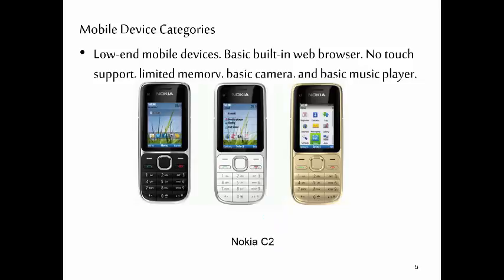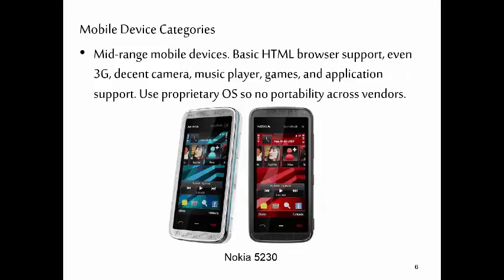Secondly, we have the low-end mobile devices. They improve a little bit on the interface. However, they are not multi-touch, and the built-in web browser is very basic. So we won't touch on these devices either. The next kind of device is the mid-range mobile device.